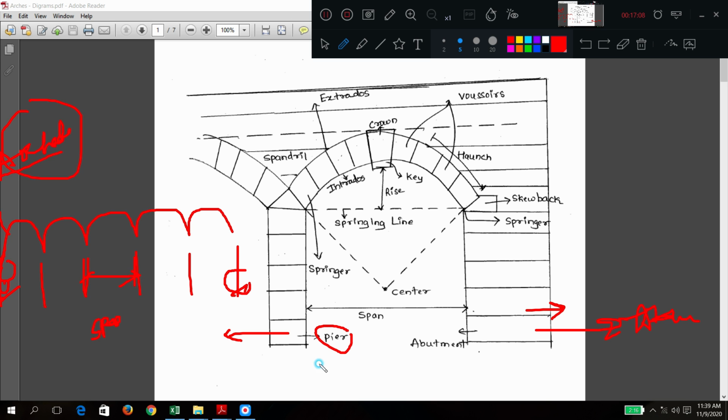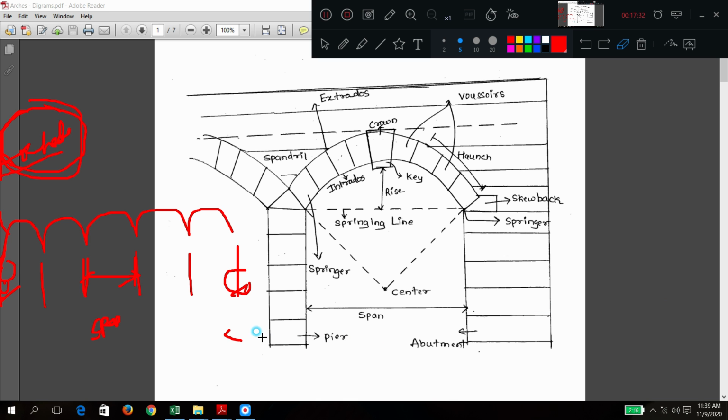Inner supports are called piers, and outermost supports are called abutments. These two things are present in an arcade. An arcade is a multiple construction of arches, a series of arches like this. I hope it is now clear.